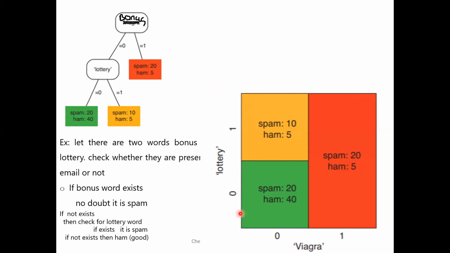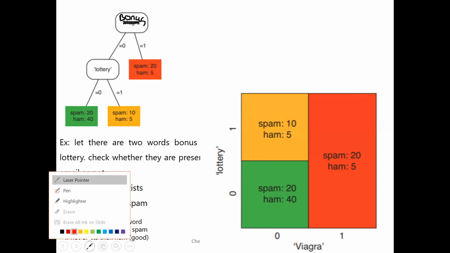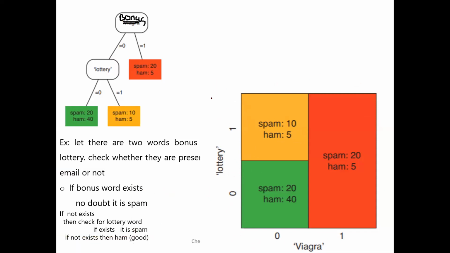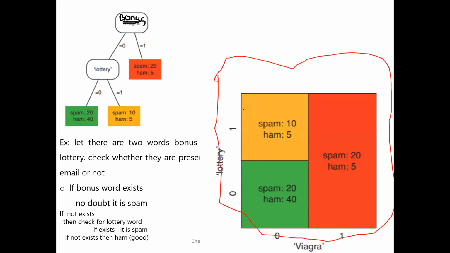If instead of looking at the if rules we look at this particular table, it looks visually easier. See here, very simple. If Viagra is 1, no need to check lottery. The spam is 20.